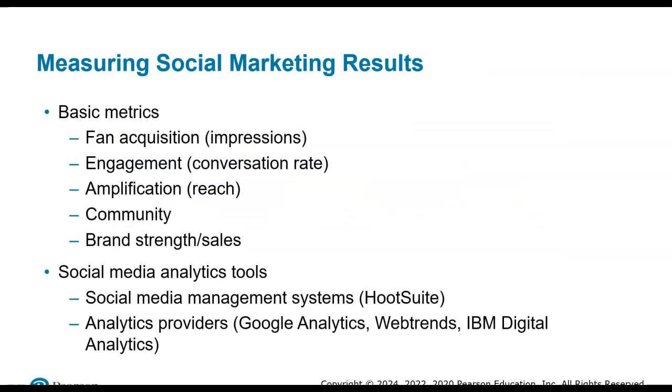So how do we measure the results? Well, if you get fans, that's great. It's great to have followers. The really important parts of this are the engagement and amplification. Engagement means somebody's converted from just liking or following you to actually being a part of your crew, per se. Amplification means when you put something out there, they're sharing it, they're retweeting it, and ultimately they are building this into a strong brand.